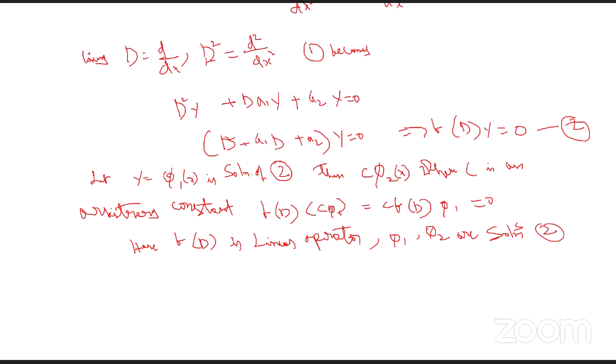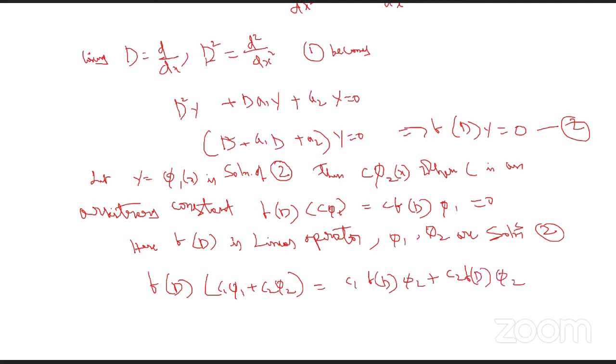So that becomes f(D) of (c1 phi 1 plus c2 phi 2), which equals c1 f(D) phi 1 plus c2 f(D) phi 2.